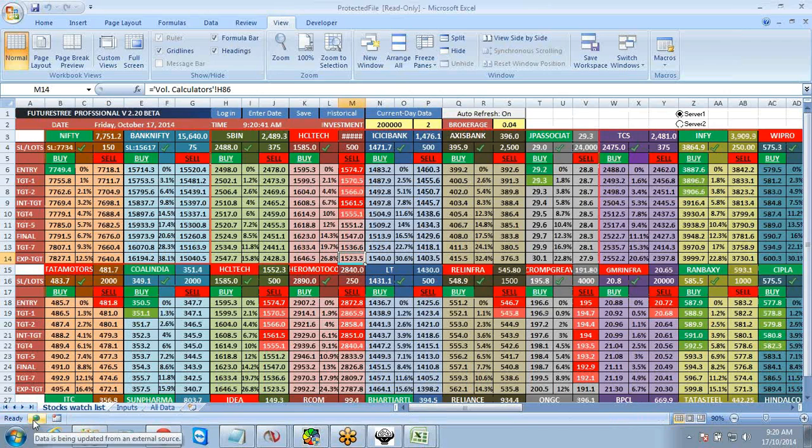You can see that the data is being loaded here. Once that stops, we'll click on the auto refresh on button again.